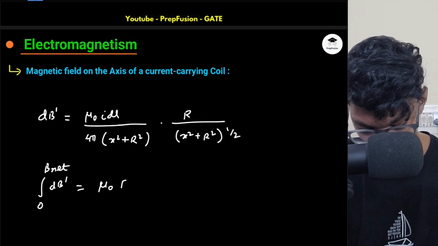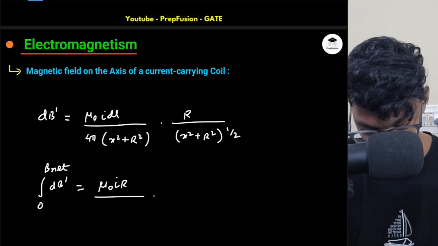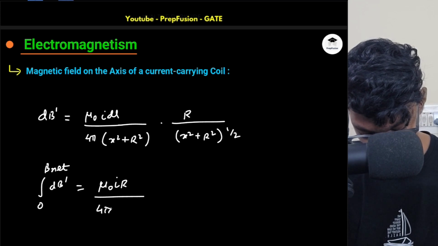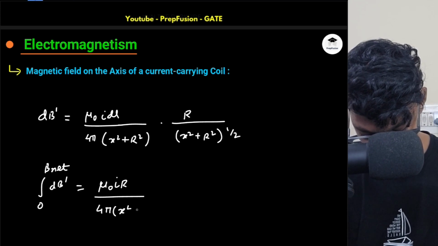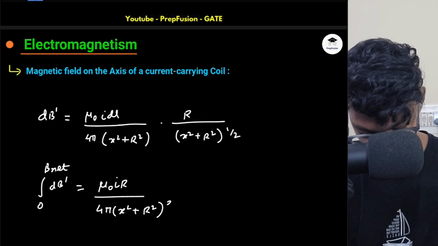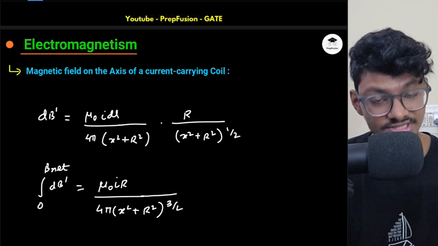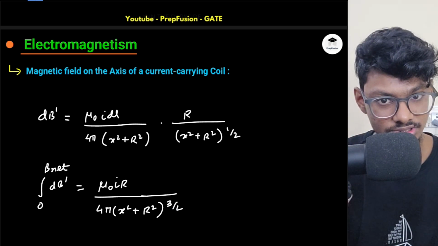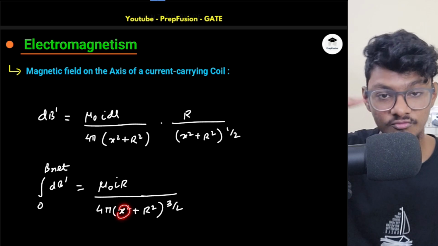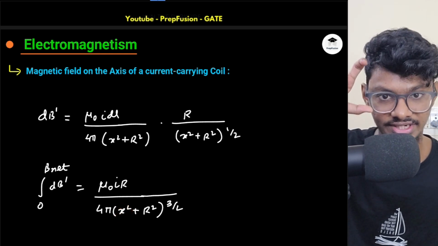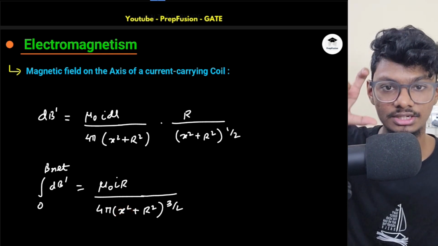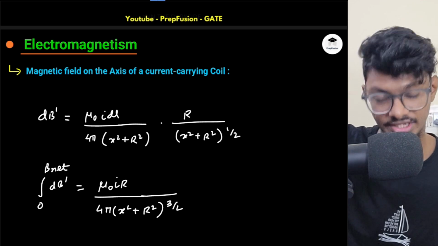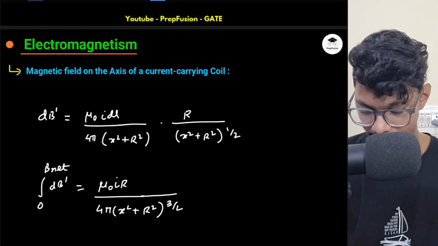So this mu naught R I by 4 pi (x square plus R square) to the power 3 by 2, all of this is simply constant, because x is the distance along the axis, the height at which they are asking me to compute the magnetic field.